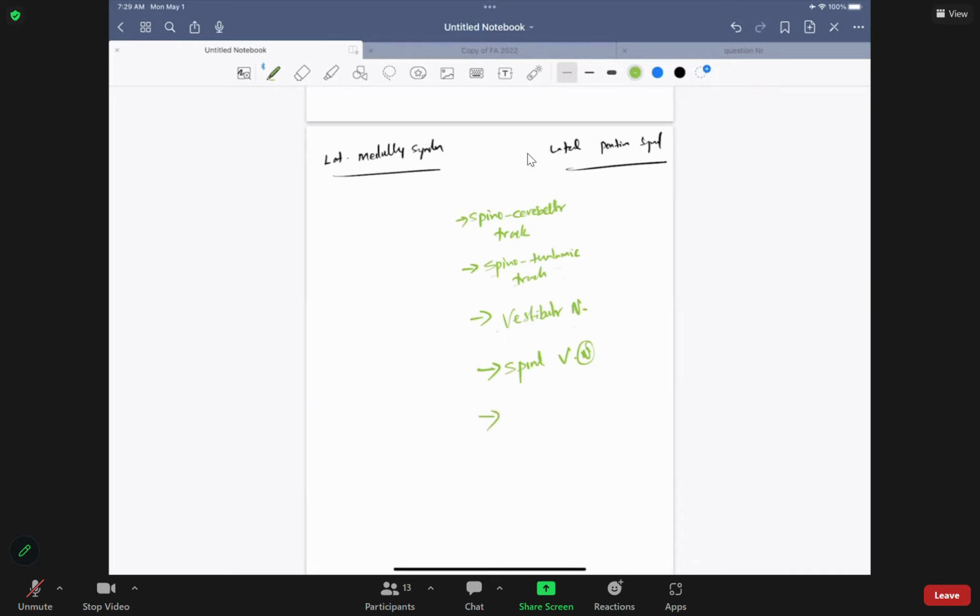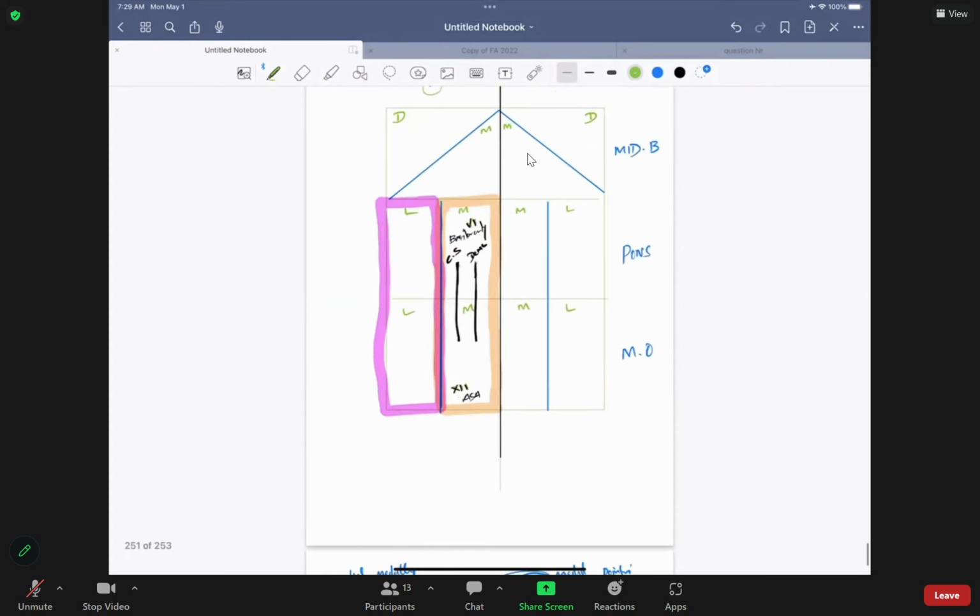And ipsilateral Horner syndrome. That's common, Horner syndrome. That's the last one. You see, all these structures are involved on both sides. So that's like 1, 2, 3, 4, 5. All these 5 structures are running here, folks.